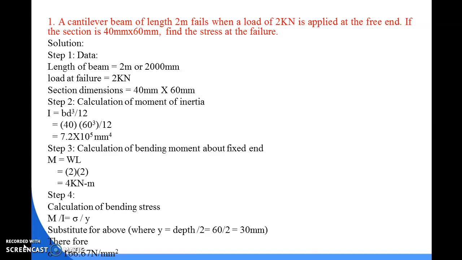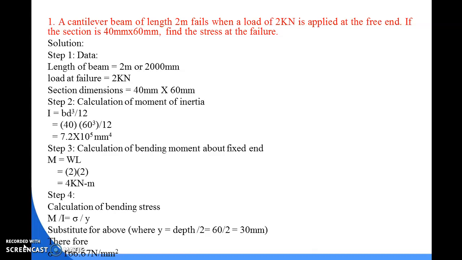Then the dimension of the beam is given, which is B into D, that is B is 40 mm and depth of the beam is 60 mm. So in step 1, we have written all the data given here.